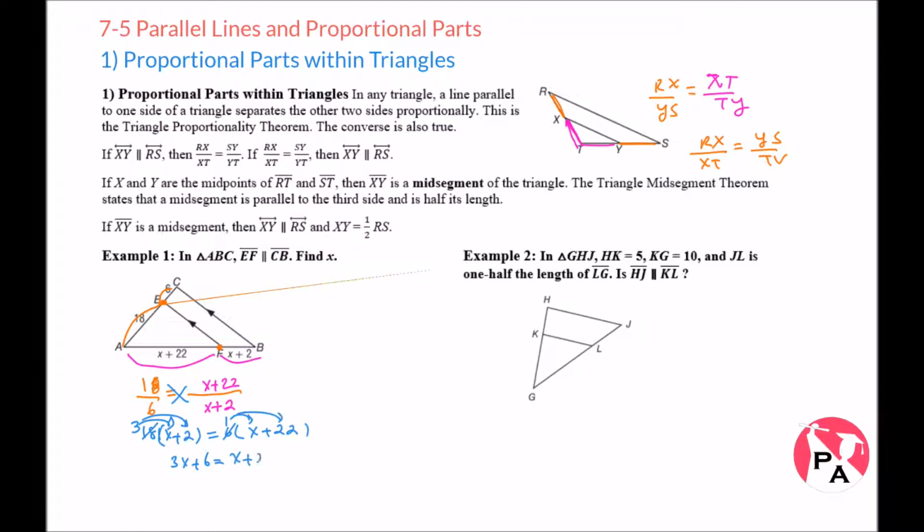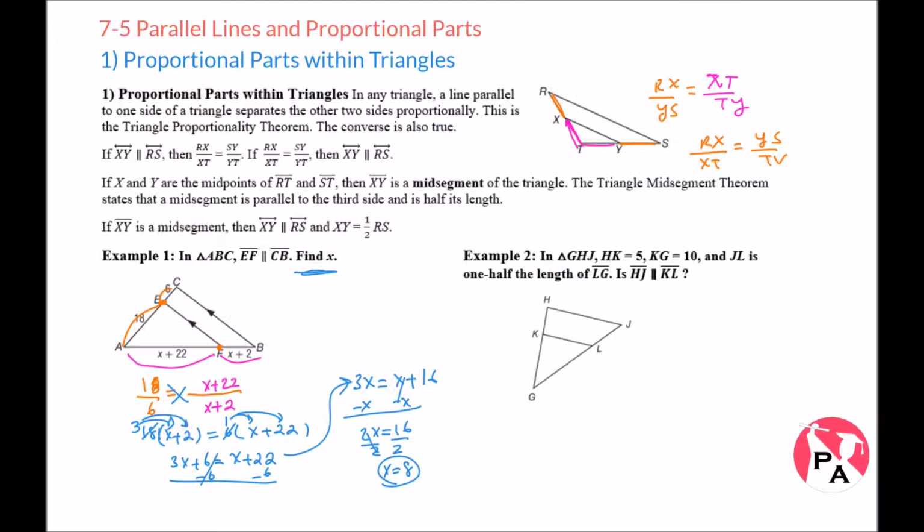So x plus 22. Now we can subtract 6 on each side. On the left hand side of the equation we have 3x. On the right hand side we have x plus 16. Subtract 1x on each side. 2x equals 16. If we divide each side by 2, we get x equals 8. The question was find x. We did so. That means we can move on to the next example.